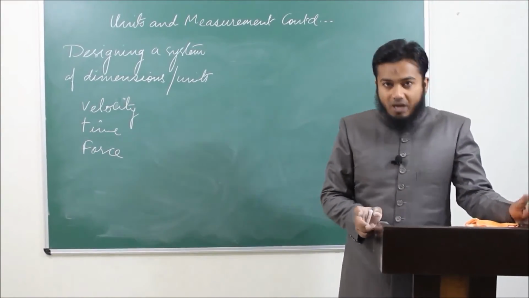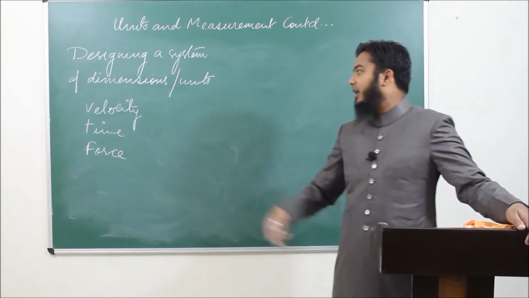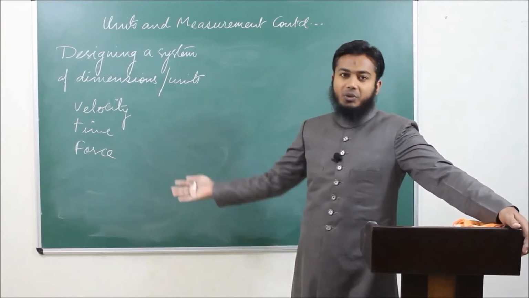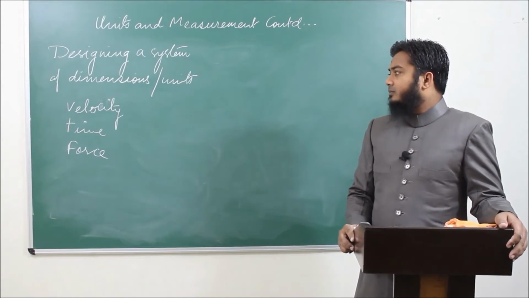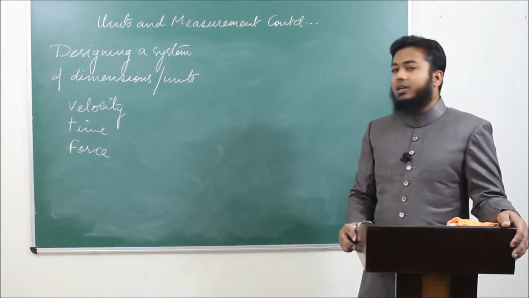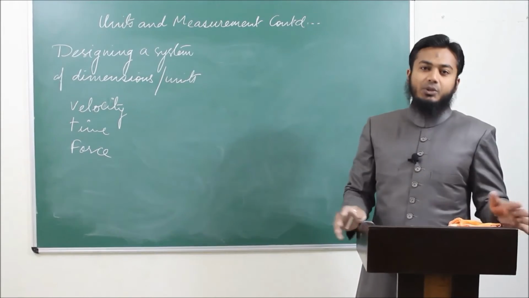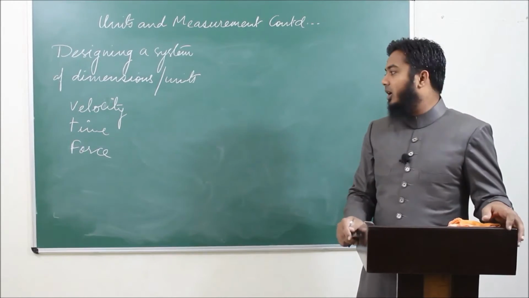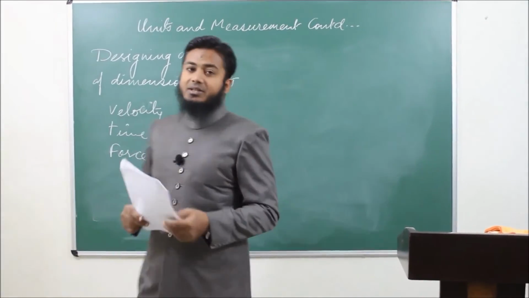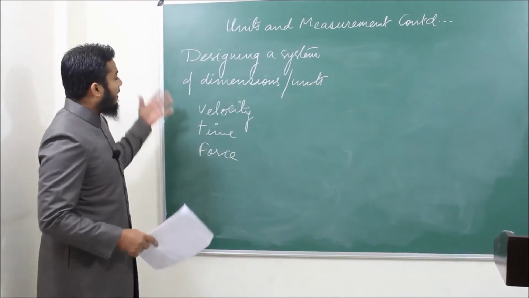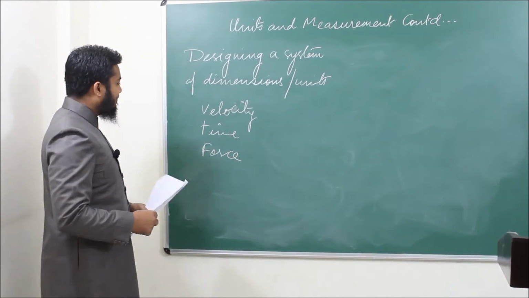In SI system, mass is a base quantity and we calculate dimensional formula for velocity, time and force in terms of mass, length and time. But now I am deciding that velocity, time and force will be base units. Then what will be the dimensional formula for mass in such a system? So the dimensional analysis enables us to find such a relation.